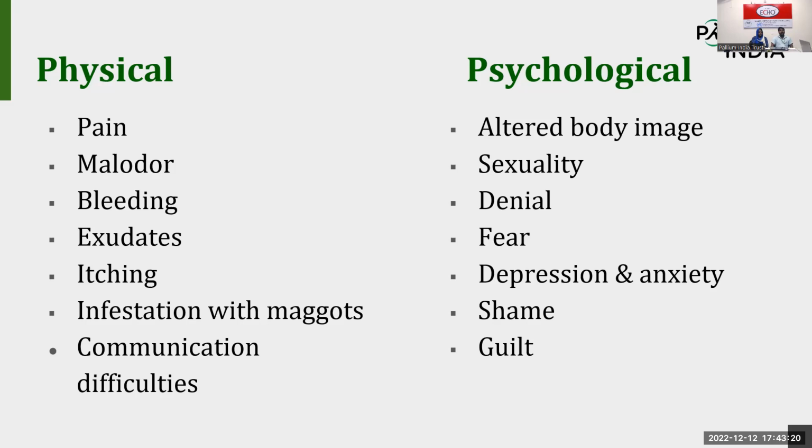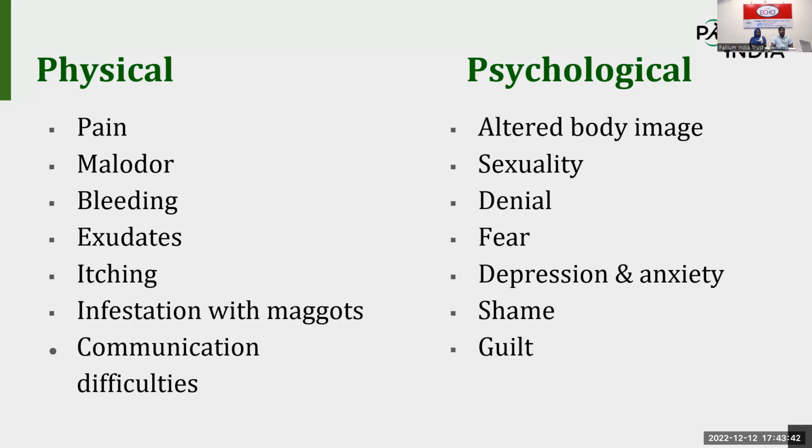Then fear about the wound: next day or next time, what will happen to my wound? Bleeding, pain, uncontrollable foul smell, will anything happen or not? Like that, fear about the wound. Then depression and anxiety. Surely they will have anxiety about the wound.